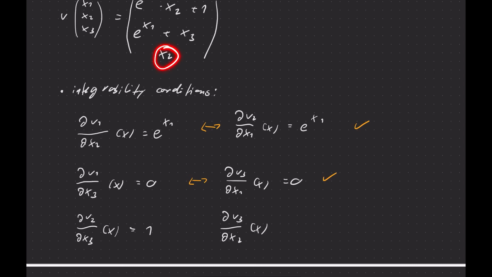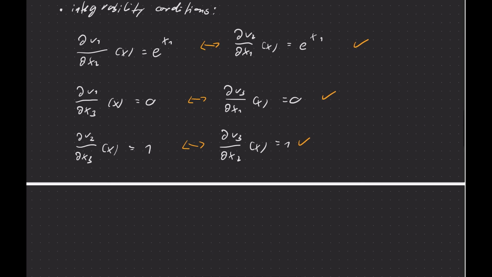So if we differentiate that with respect to x2, we also get 1. And that means those two also agree. So we did dv2/dx1, we did dv2/dx3. What about dv3? We did dv3/dx1 and also dv3/dx2. So we're done. That's all the conditions that we have to check. And that means integrability conditions are actually satisfied.